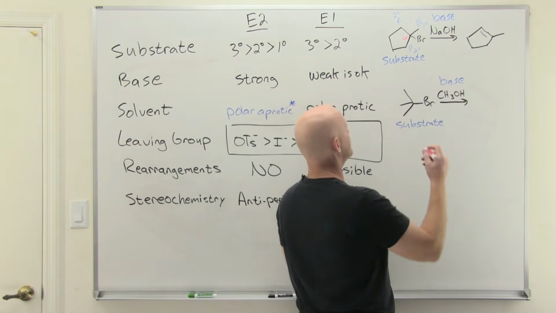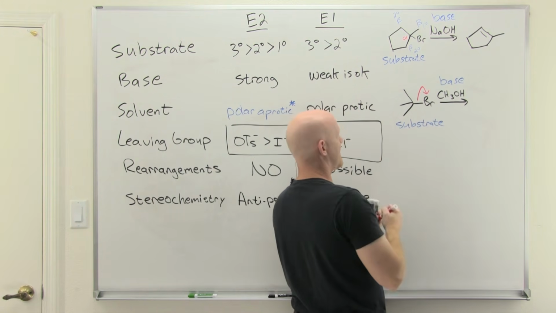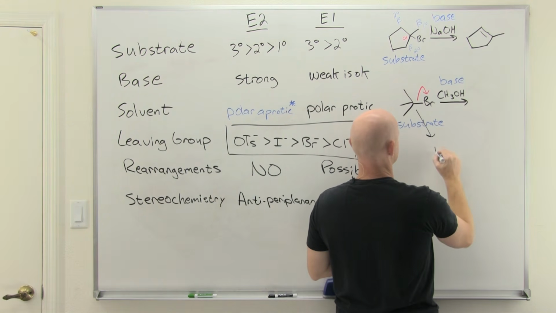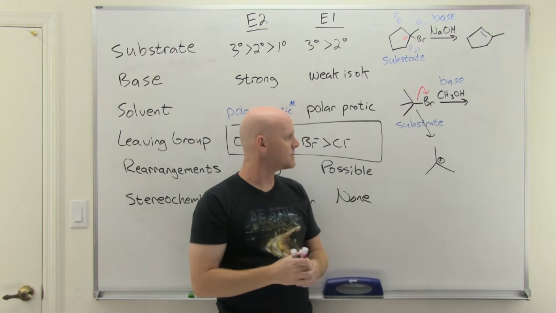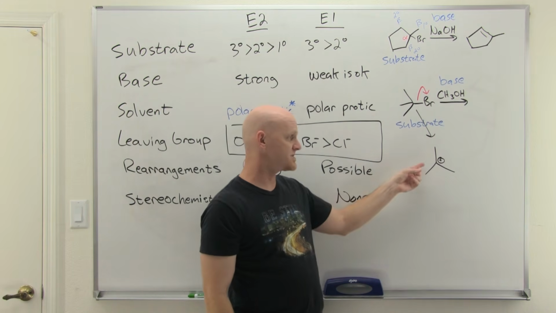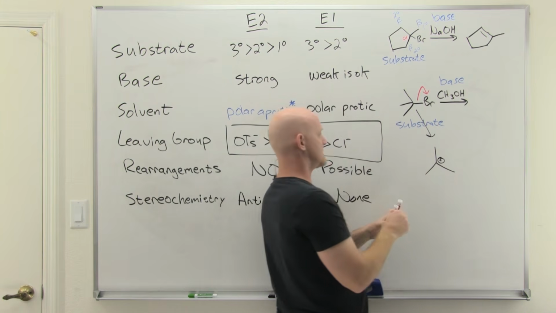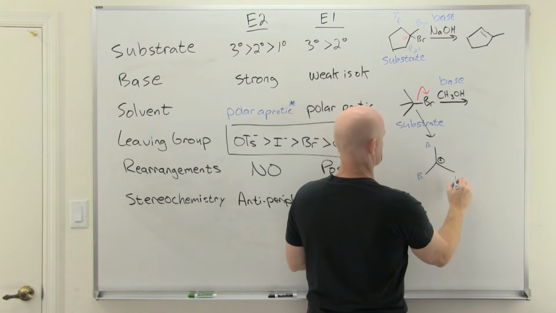So when you're doing E1, I highly recommend first thing you do is just draw out the carbocation you're about to form. So if bromine leaves, we're going to form this sp2 hybridized carbocation right here. And in this case, the carbocation is not going to rearrange. It's tertiary and all the adjacent carbons are primary. So not going to rearrange. And in this case, all the adjacent carbons are therefore beta carbons.